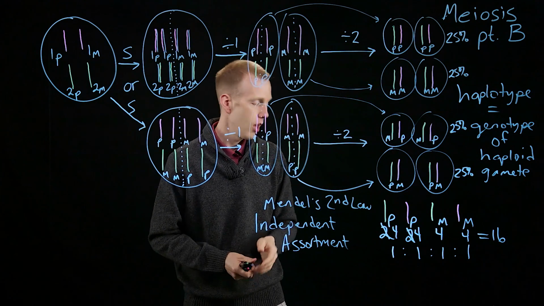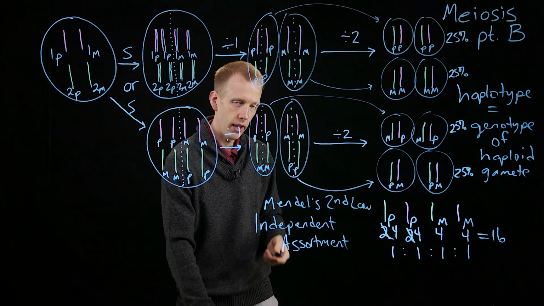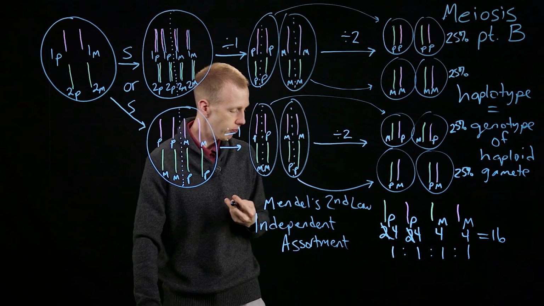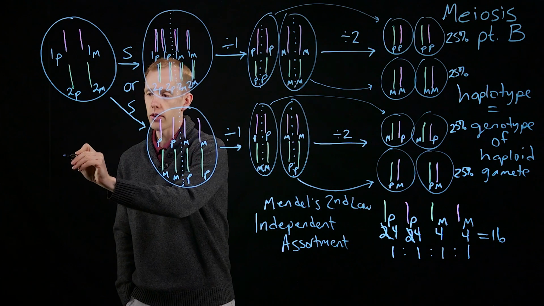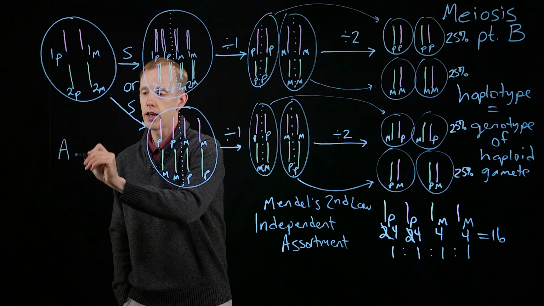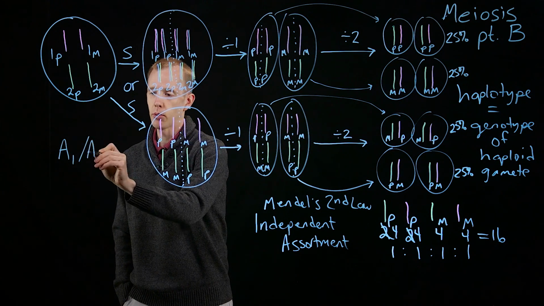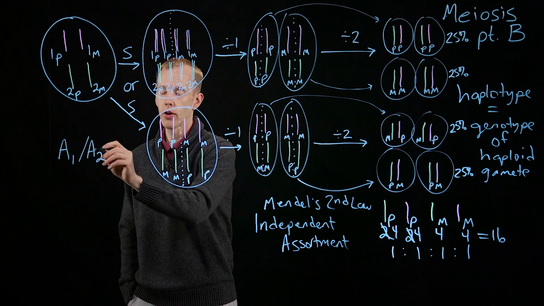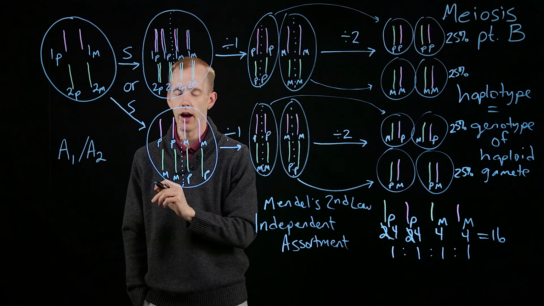Now, the question I'd like to leave you with to answer for our next class is, what would the meiotic products be from an individual that has, say on gene A, allele 1, this is a diploid individual, and they're heterozygous, so their other chromosome has the allele number 2 at the A gene.